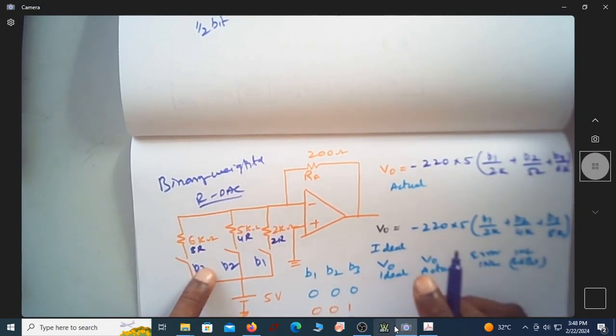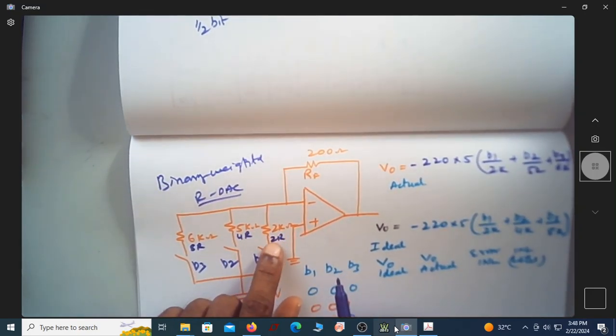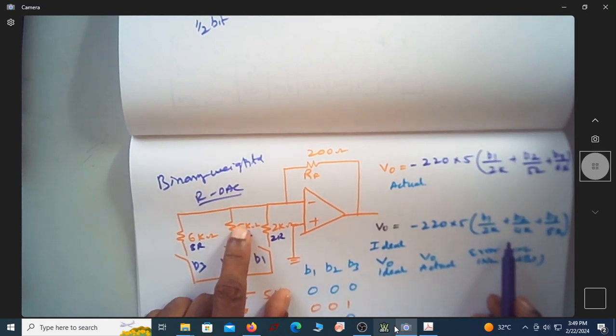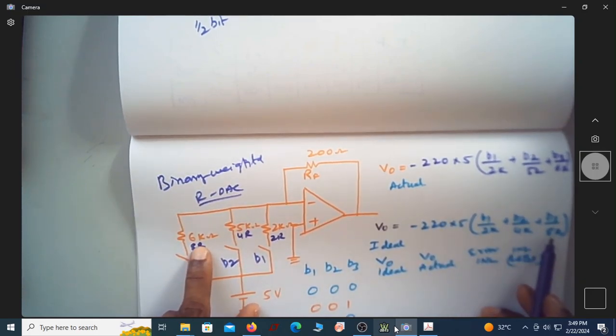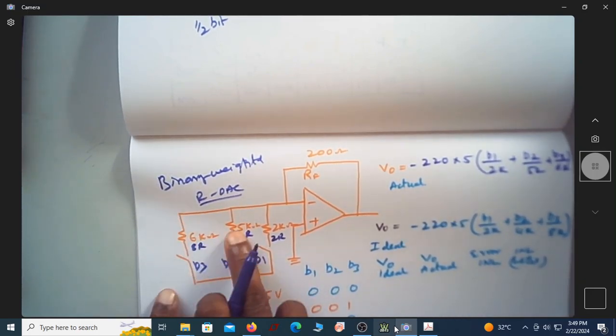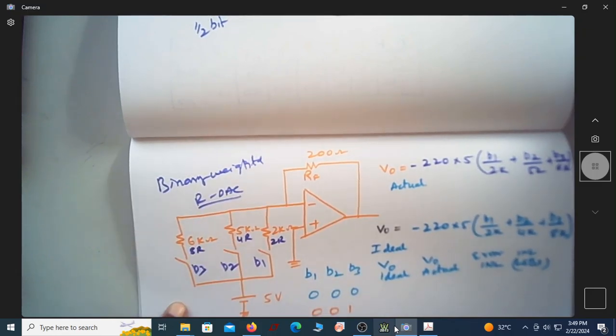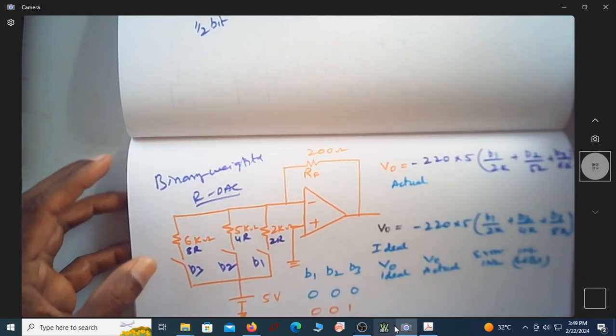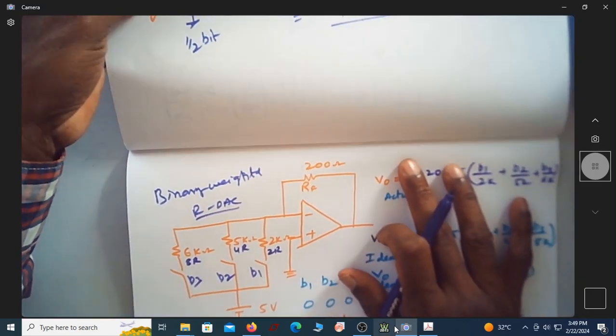To be very frank, if there is an error in this, you can see the weight is not increasing as expected. This would have been 4K, but it is 5K. This would have been 8K, but it is 6K. So there is an error in the values of resistance that have been put. Will that error result in any INL or DNL? That's what we are looking into.